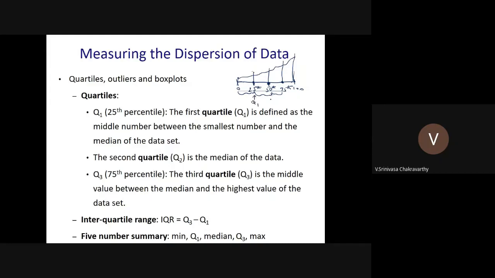The median point, which is the 50th percentile, is Q2, and this point is Q3. Q2 is the median. The third quartile is the middle value between the median and the highest value of the data set.